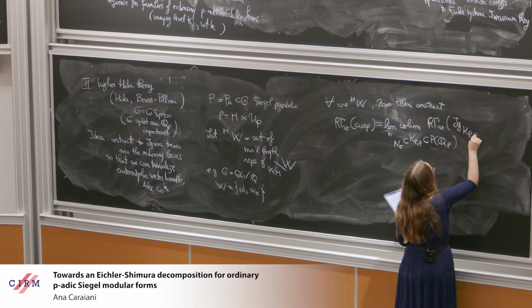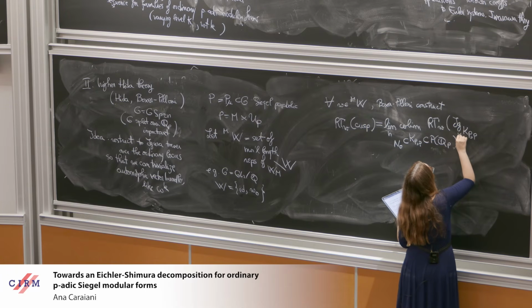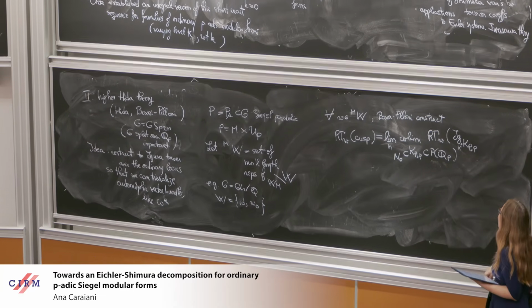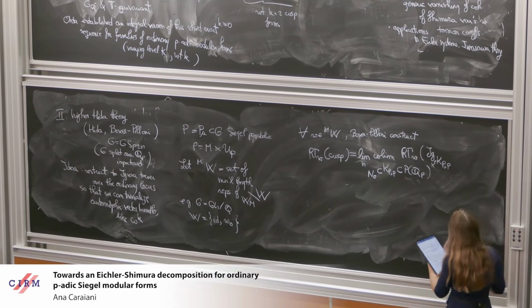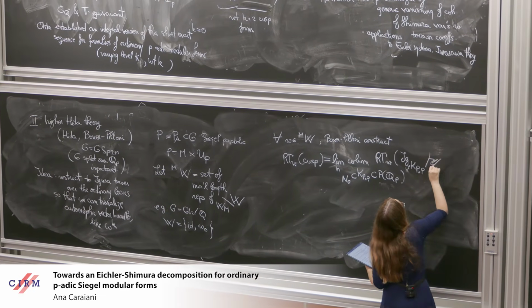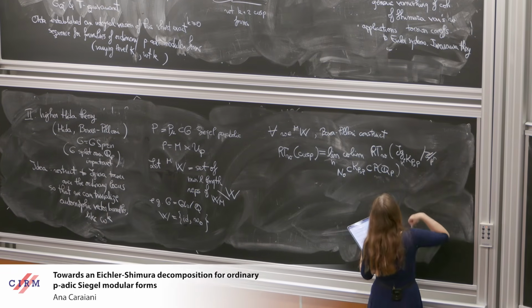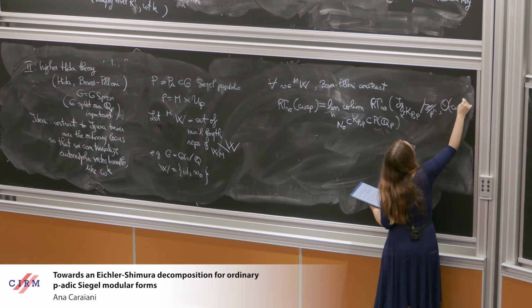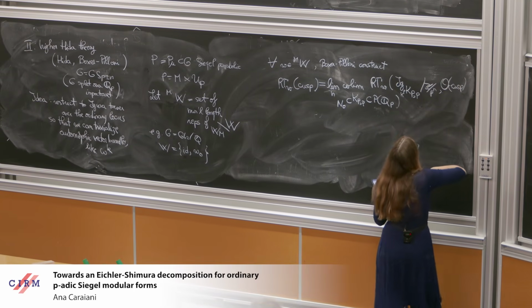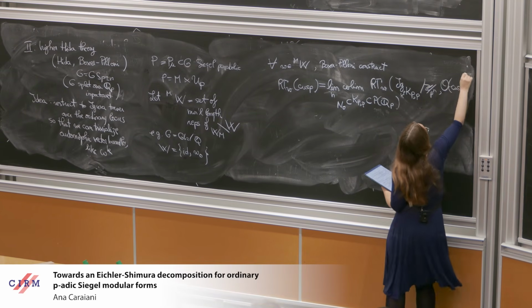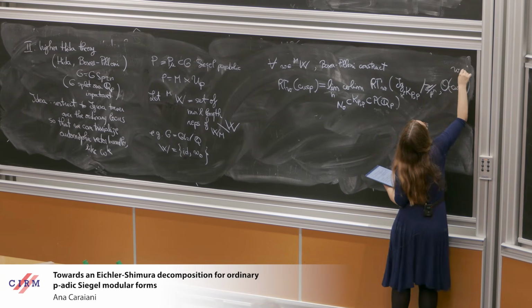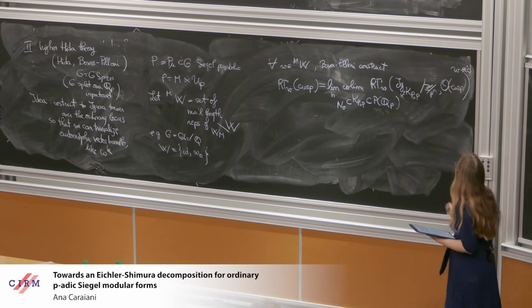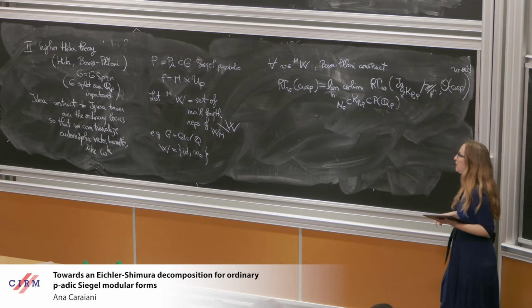There's also a tame level, which stays fixed, away from p, but more importantly, the level at p varies. And this is over, say, Z/p^n, and then with coefficients in the ideal sheaf of the boundary divisor. And then you take some ordinary parts with respect to some Hecke correspondences that get twisted by this element w.